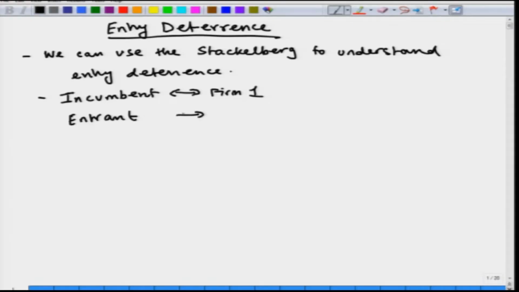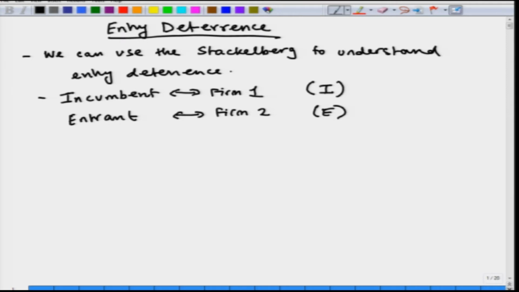So, we will use the incumbent as the leader or firm 1, and we will call the entrant firm 2, right. So, sometimes we might just use the notation I, sometimes we might just use the notation E, depending on what the context is, right.